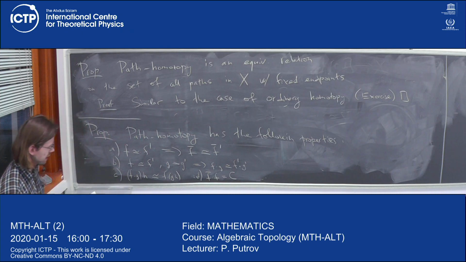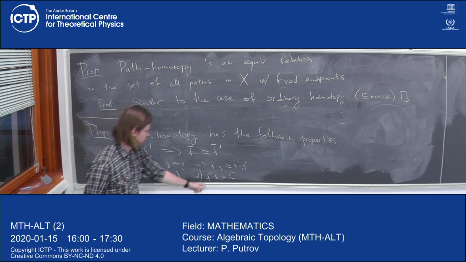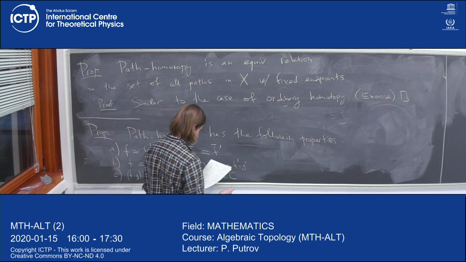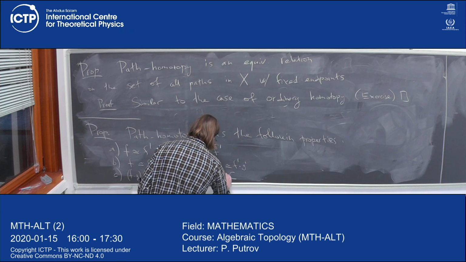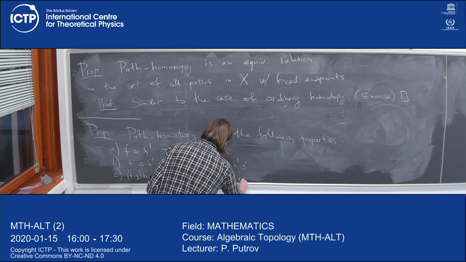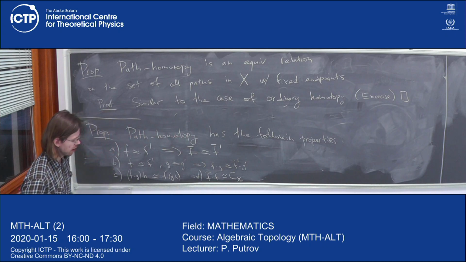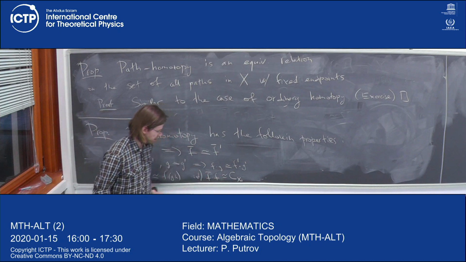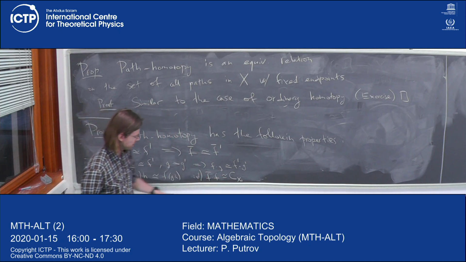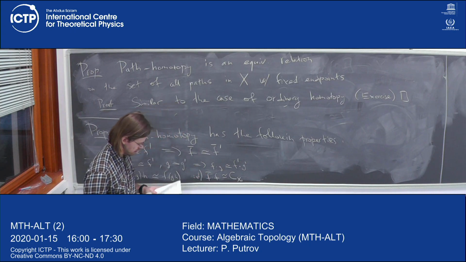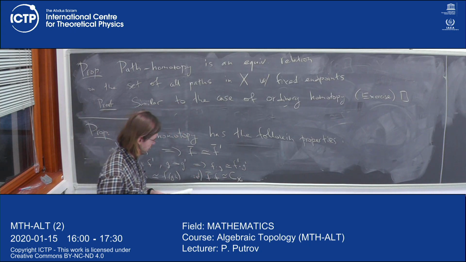And the fourth property is that the composition of a path with its inverse is homotopic to something I will denote by C with index x0.